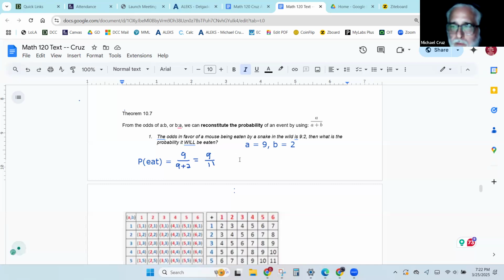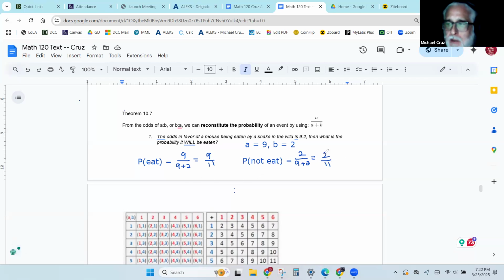And so the probability of not being eaten is going to be similar, except we're going to use the B in the numerator. So 2/11.